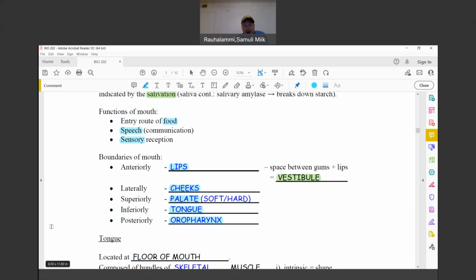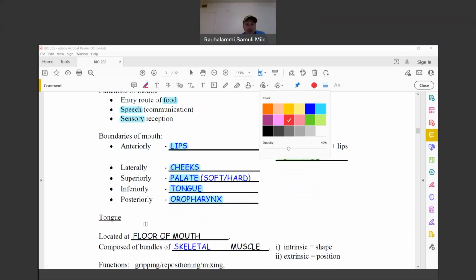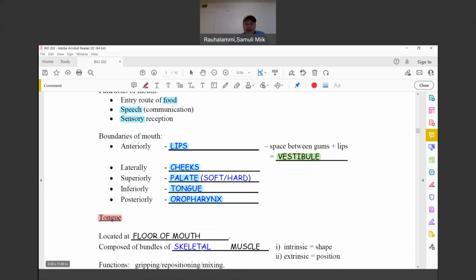A couple of other things to mention when we talk about the tongue. Remember, the tongue formed the floor of the mouth, and what we end up noticing is that the tongue is made of skeletal muscle. There are going to be groups of structures, both intrinsic and extrinsic skeletal muscles. The intrinsic ones control the shape, whereas the extrinsic ones control the position.